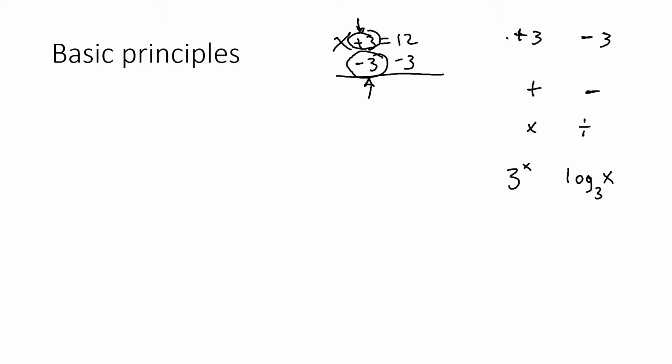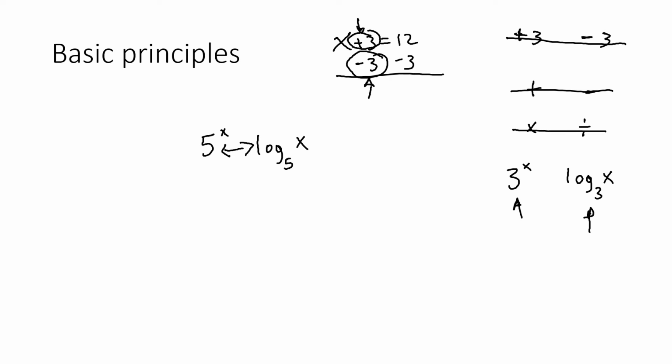So in much the same way that these eliminate each other, basically any combination of an exponential and a log will eliminate each other. For example, let's try a different base. Let's suppose that we had 5 to the x and log base 5 of x.